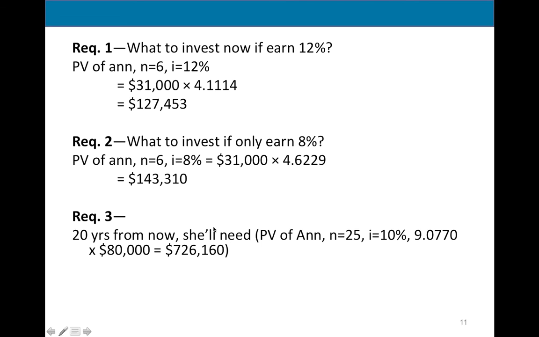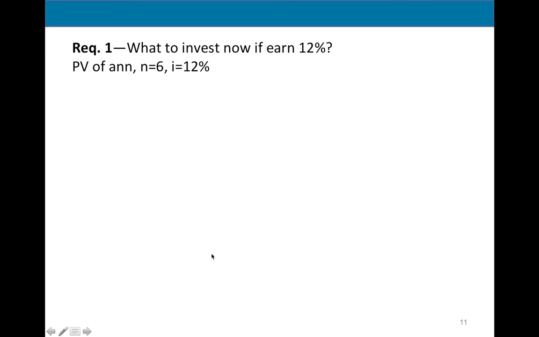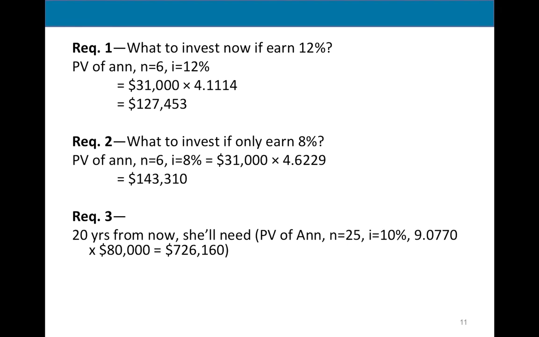So I look up present value of annuity, multiply it by the annual payment. So 20 years from now, she must have in her investment $726,160.